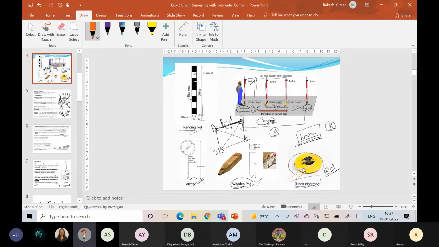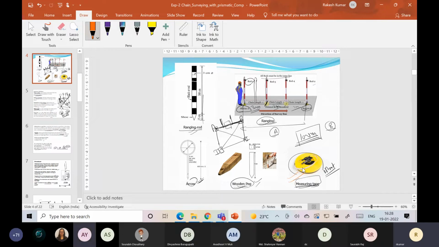Yes, I got the question. What I'm saying is, I'm using the chain. Why not the measuring tape for the main survey length? Why is it so? Both can be used? Sir, in a measuring tape we cannot place a ranging rod, so there may be more error. Okay, more error, but what can be the other way?